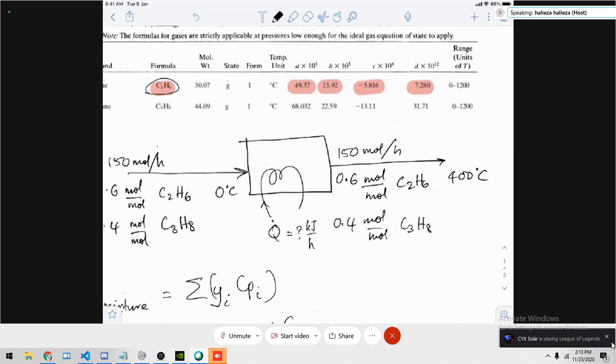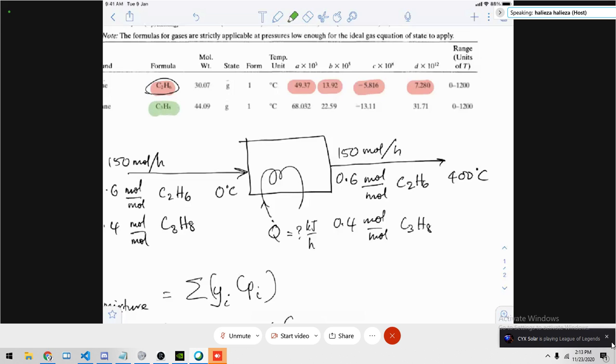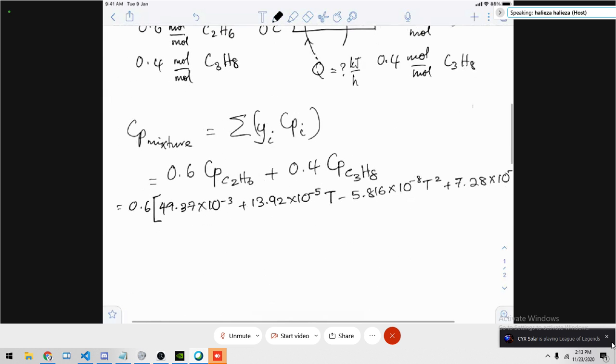Now for propane, I'm going to use a different color, green. This is A times 10 to the power of 3, B times 10 to the power of 5, C times 10 to the power of 8, and D times 10 to the power of 12. I'm going to write the whole thing all over again, but this time I add it, multiplied by the mole fraction of propane, which is 0.4.